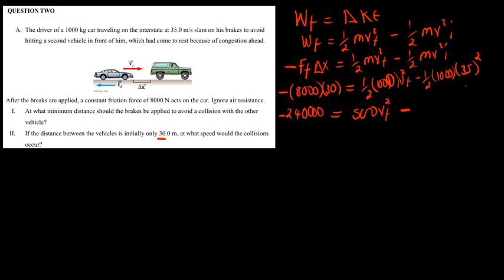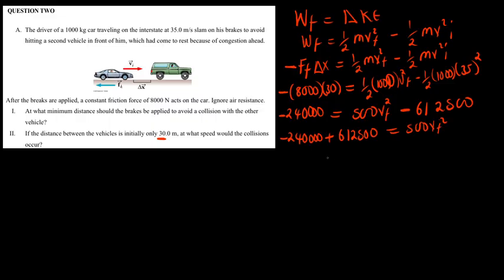When I multiply everything there, it gives me 6,125,500. So I'll put the like terms together, which is negative 24,000,000 plus 6,125,000, equal to 500, which is the v final squared this side.